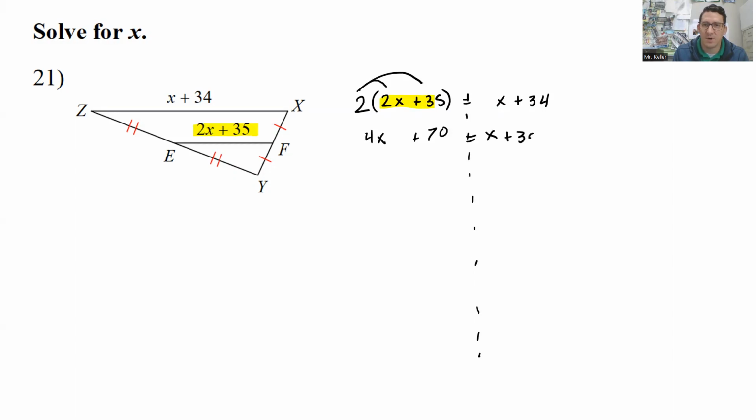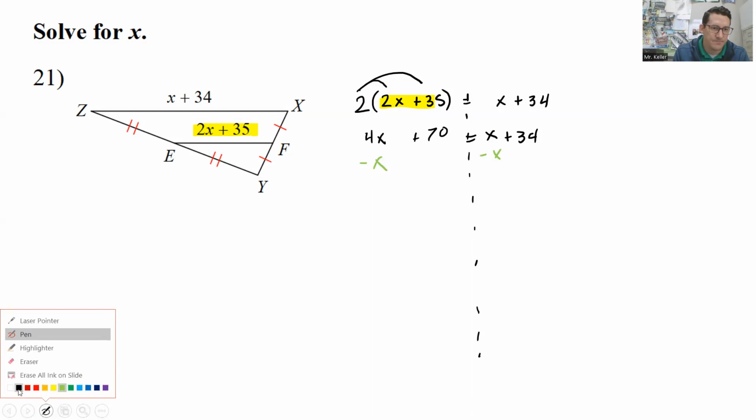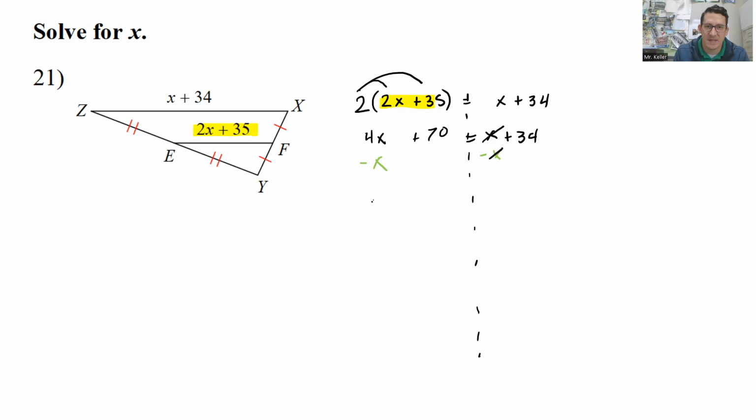So 4x plus 70 is equal to x plus 34. I need the x's on the same side. So this time I'm going to subtract the x, so the x is positive. So plus x minus x cancels out. 4x minus x is 3x. Plus 70 is equal to 34. I'm going to get a negative number, and that's fine.